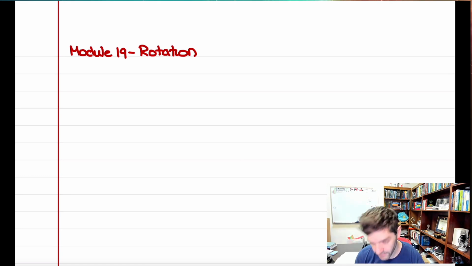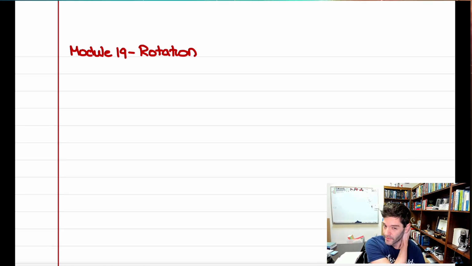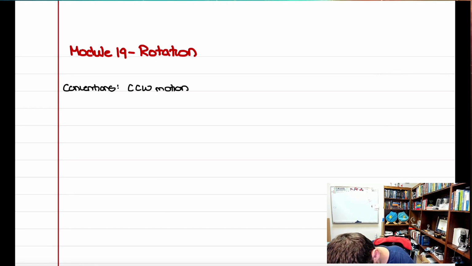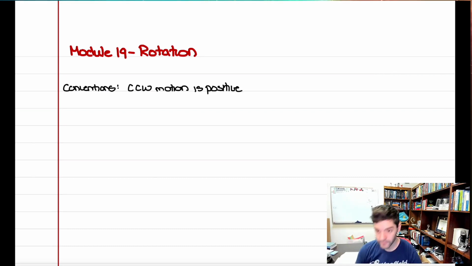So rotation we've seen before, where some of the conventions are that counterclockwise motion is taken as the positive direction. So if you're thinking of a 2D coordinate system, counterclockwise is positive, clockwise is negative.